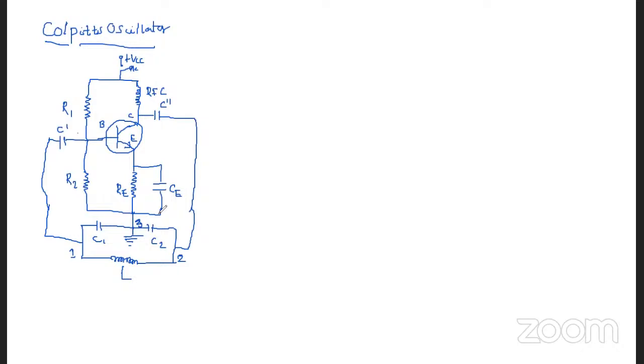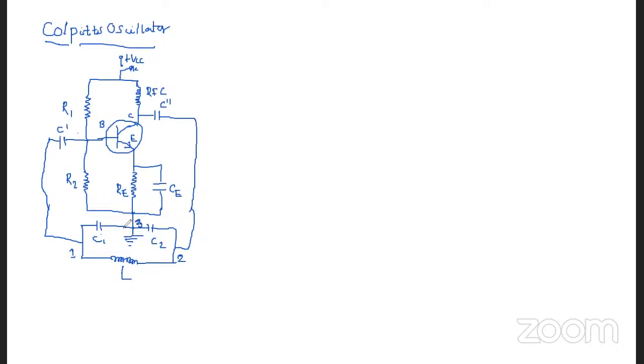So if you observe the circuit diagram of the Colpitts oscillator, it is almost the same as the Hartley oscillator, except for one difference. That is, instead of using tapped inductance, in the Colpitts oscillator we are using tapped capacitance.